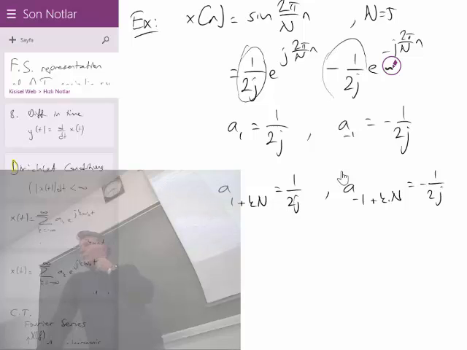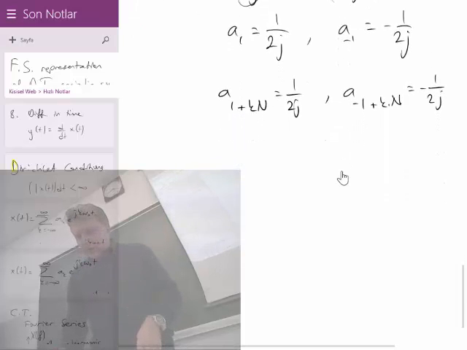A11 is equal to 1 over 2j. A16 is equal to 1 over 2j. And A minus 1 is equal to minus 1 over 2j, which means what is the next positive index? A4. Minus 1 plus 5 is 4. So A4 is also equal to minus 1 over 2j.